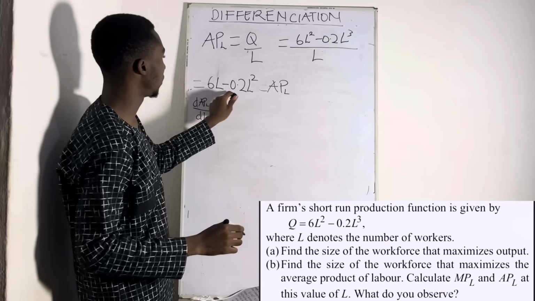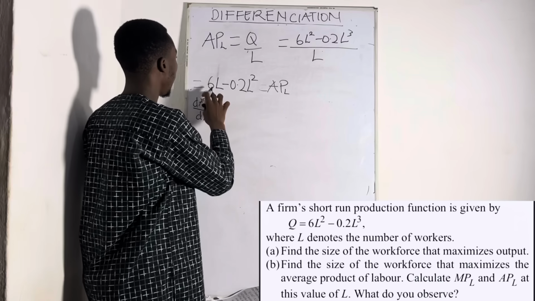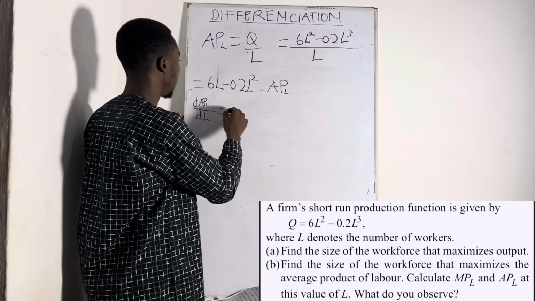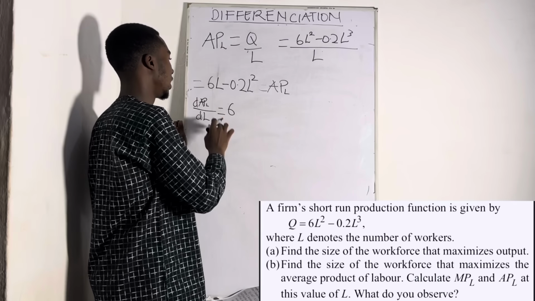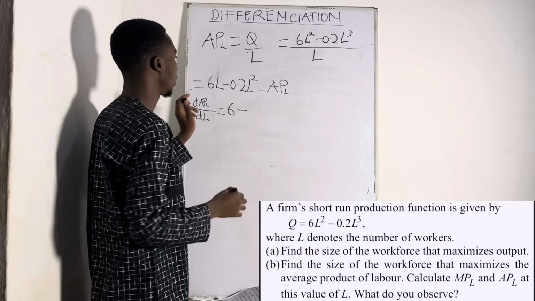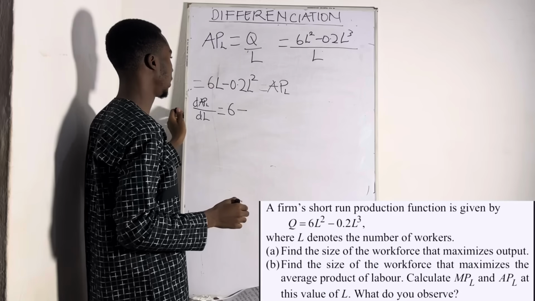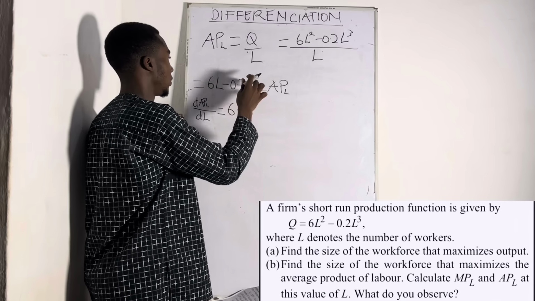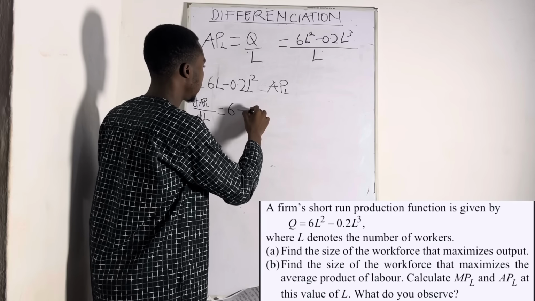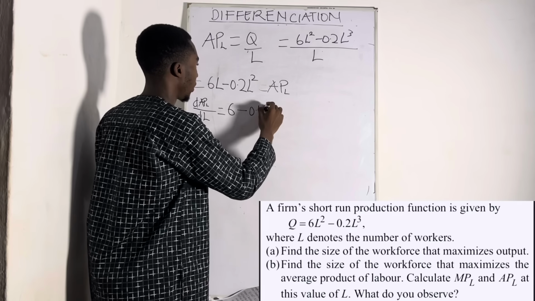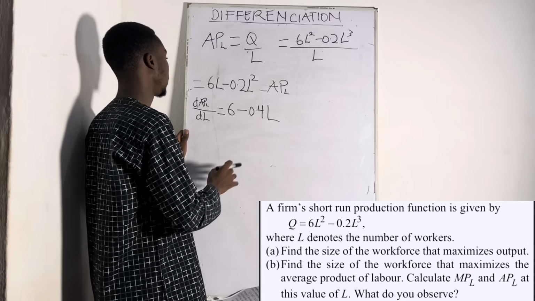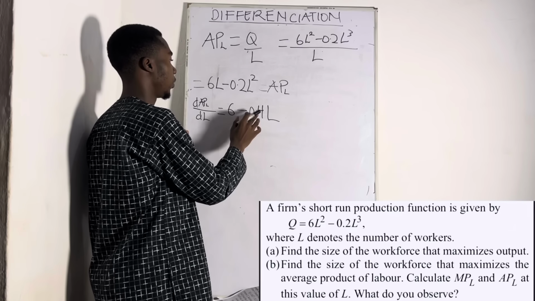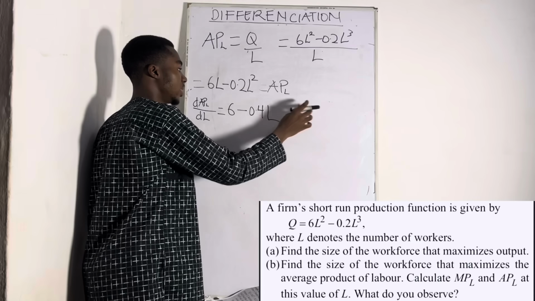If we differentiate 6L, we are getting 6, because I said when a number and a variable are attached, you just take only the number. Then minus 0.2 L squared: 0.2 times 2, we are getting negative 0.4 L, because this 2 will reduce by 1. All right, so when you differentiate for the first time, you're getting 6 minus 0.4 L. So you can now equate this to 0.